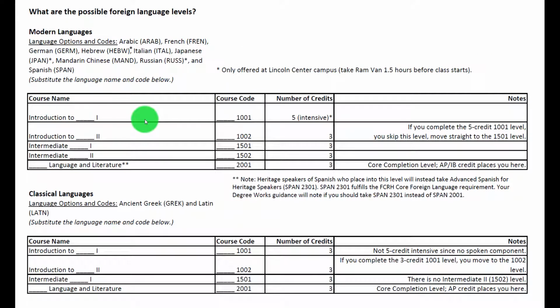Now that you've learned how to identify whether you're subject to the foreign language requirement, we can now look at what the possible foreign language levels are and what the core requires. Even if, from watching the last segment of this video, you know right now you're not going to be subject to the language requirement, you should still watch the remainder of this video.